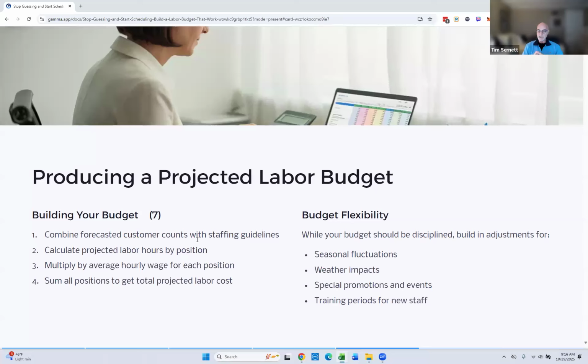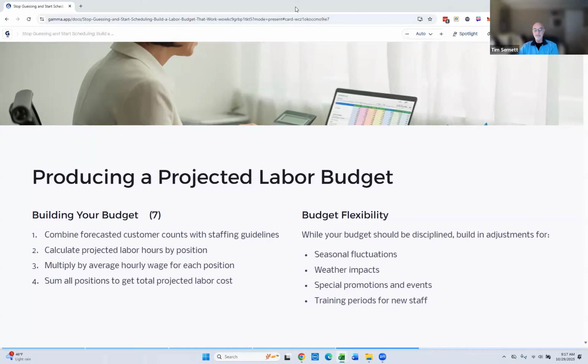If you're using 7 Shifts or some other scheduling software, you could have a dozen or 25 templates built and label those templates so you understand what sales volume and customer count volume each is based on, so that you're starting with a template and then you can adjust it in the fine details based on your forecast.